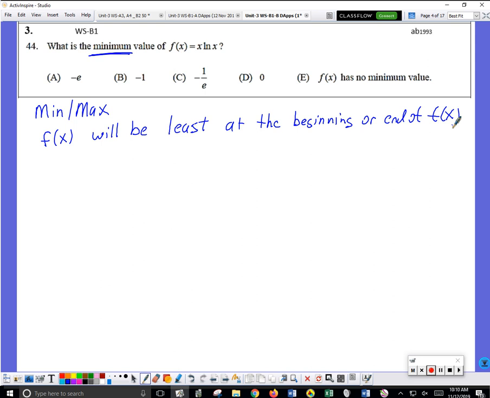Okay, f will be least at the beginning or end of f, or where f prime is equal to 0, or f prime is undefined. Okay, that's the theorem. Always works. Here's why. Please make sense of the why. If you make sense of the why, remembering the theorem is a lot easier. So just keep asking until you're like perfectly, hey, that makes really good sense.